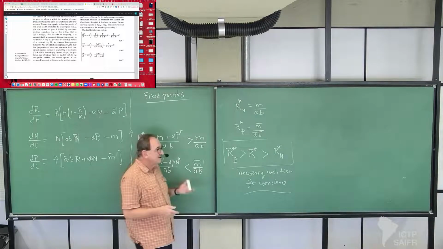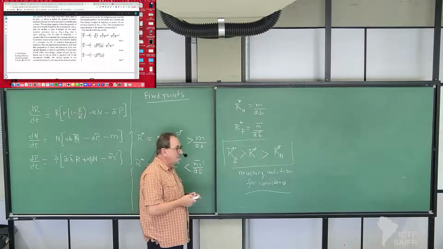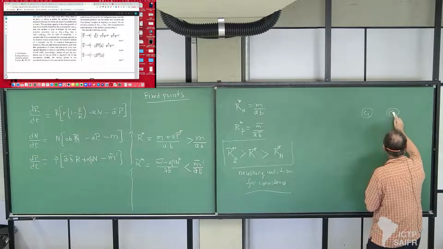And what can we see from this? Yesterday, we saw that if you had two consumers and one resource, and we introduced the R star 1 and R star 2, this one wins the competition.